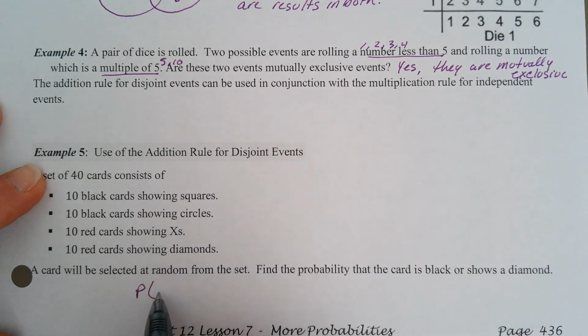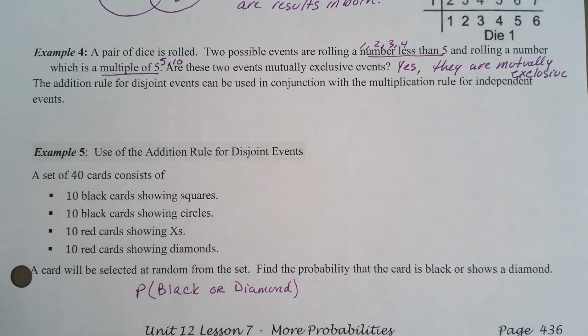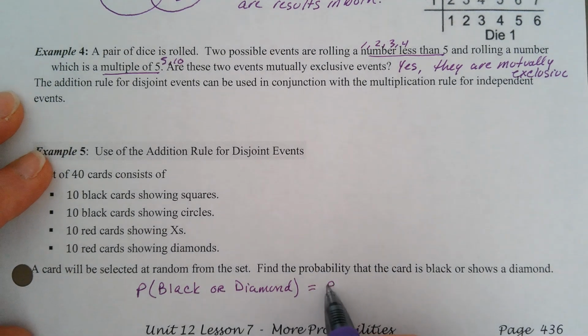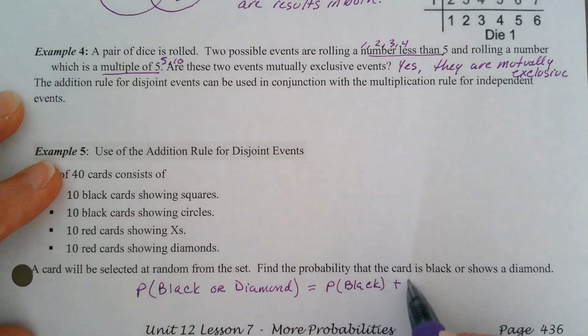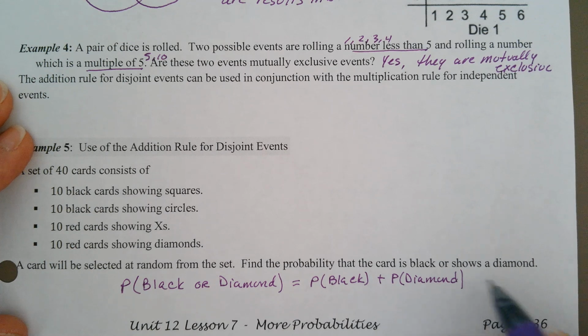So we want the probability of black or diamond. Well, there are no black cards that show diamonds, so these events are mutually exclusive. So this would equal the probability of black plus the probability of diamond, and if we think of minus the probability of black and diamond, that's 0.